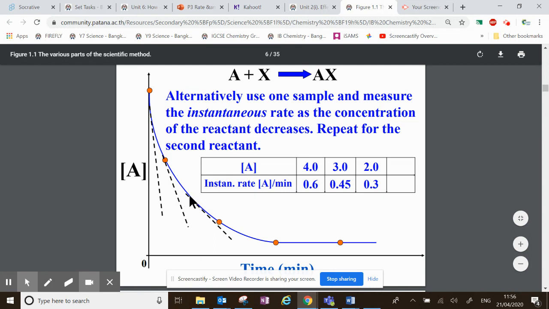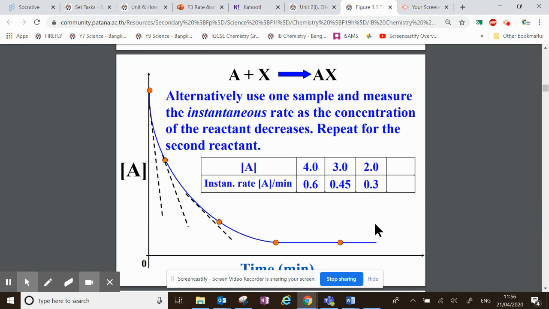This tangent, a much flatter one, from the point where the tangent touches the curve, read across to the y-axis there. That'll give you the concentration at that point on the curve. It looks like it was 2 molar. And the rate of reaction at that point on the curve is the gradient of the tangent at that point, which has been worked out for you there as 0.3 molar.